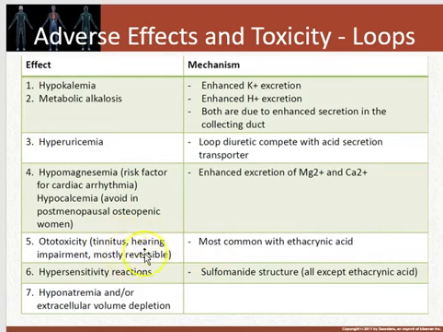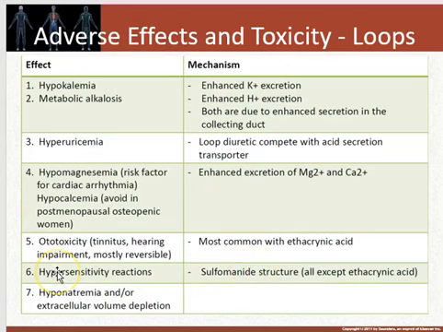There can be some hearing loss or impairment that's reversible. That's usually seen with ethacrynic acid, not so much with the other ones. And then remember we talked about sulfonamides in the other lecture. Some of these drugs, particularly ethacrynic acid, have a sulfonamide or sulfur-containing moiety within their chemical structure.